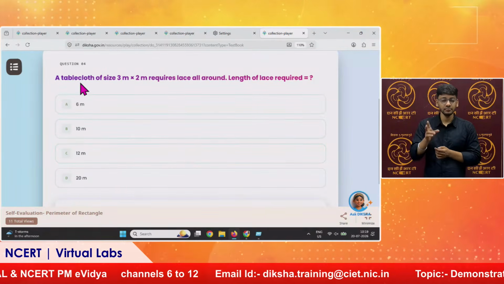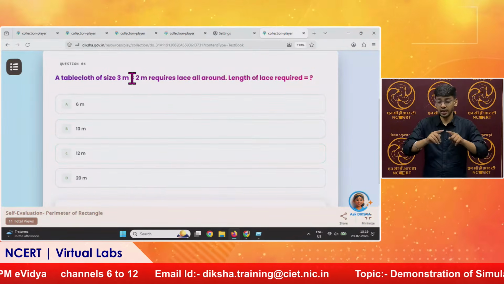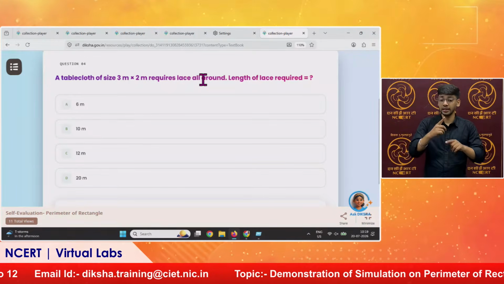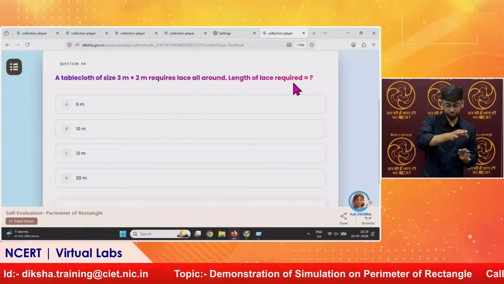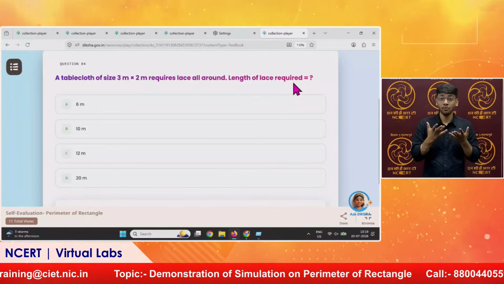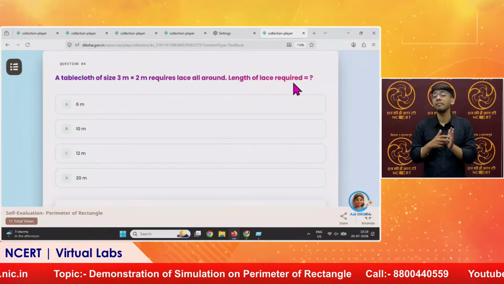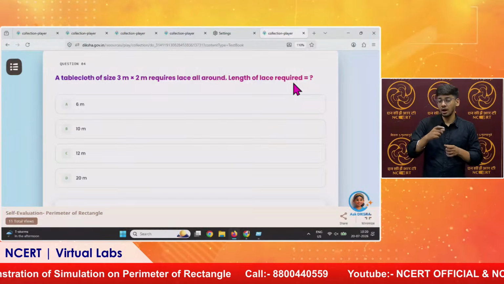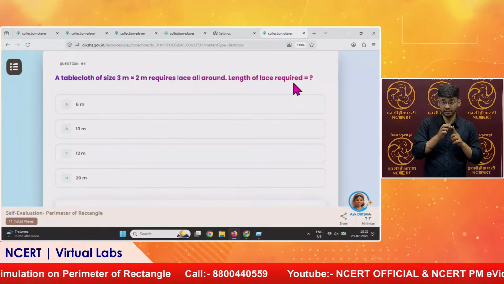Again, the tablecloth of size 3 into 2 meter requires lace all around. So this means we have a rectangular figure and we have to make the boundary. So this way again we have to find the perimeter of this particular size.